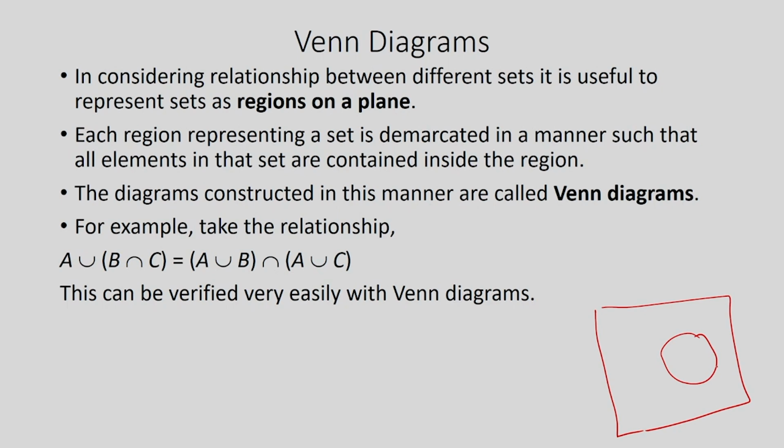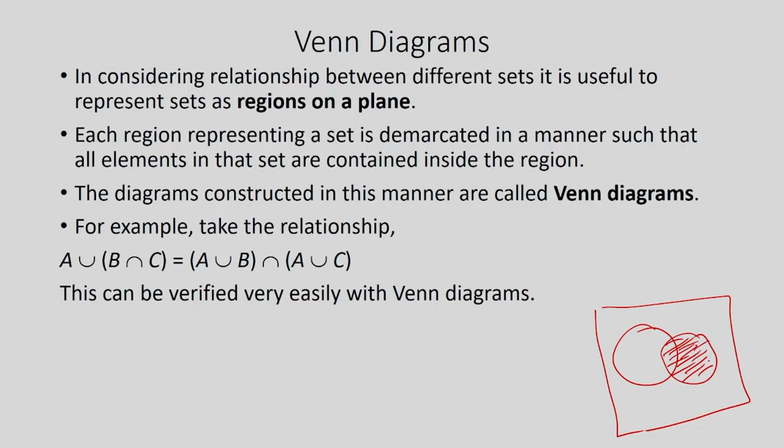So, this circle that I have drawn here, this basically contains all the elements which belong to a set. So, I can draw another circle, and the elements within that circle will be contained in the new set, etc. Each region representing a set is demarcated in a manner such that all elements in that set are contained inside that region.